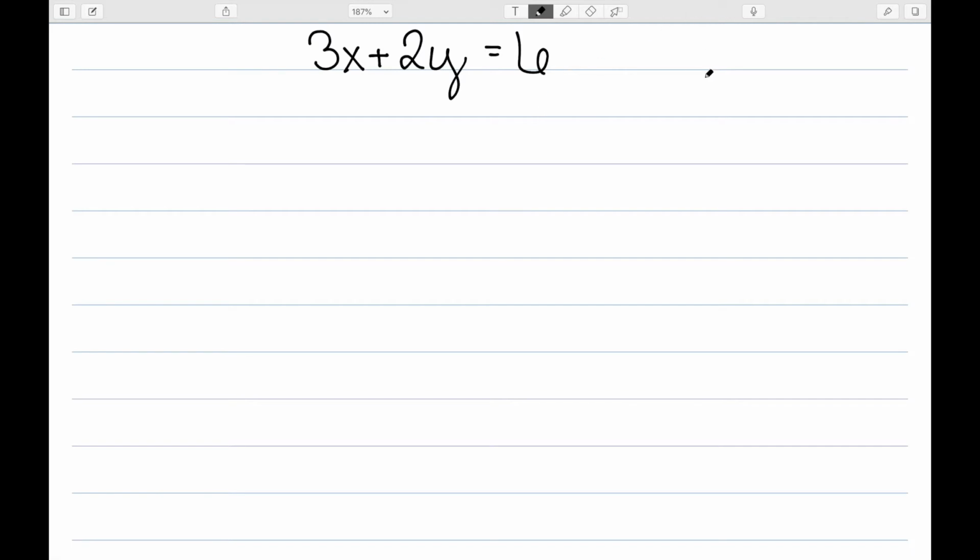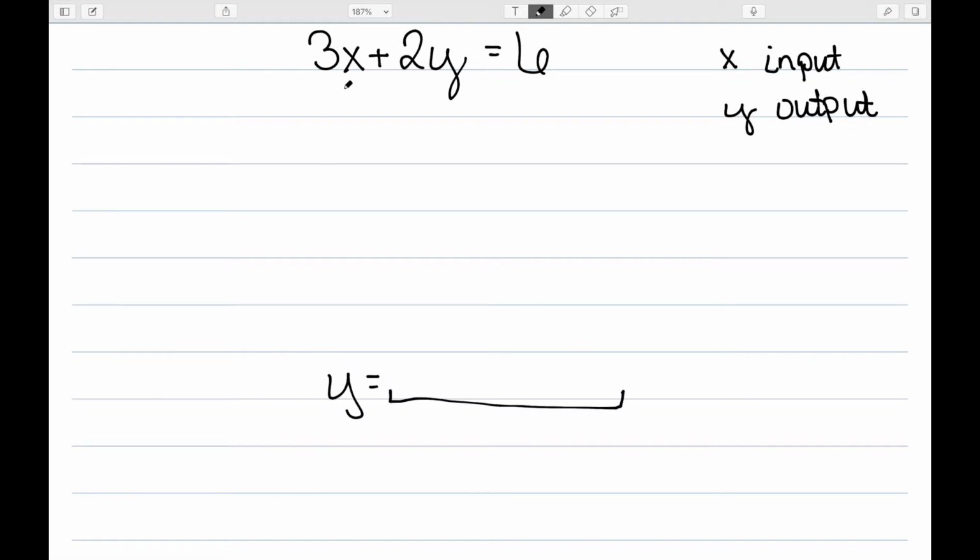Let's consider an equation like this, 3x + 2y = 6. In this case, x is our input and y is the output. And so in order to be a function, I need to be able to write this, when I'm done, as y equal to something. And I need to figure out what that something is.